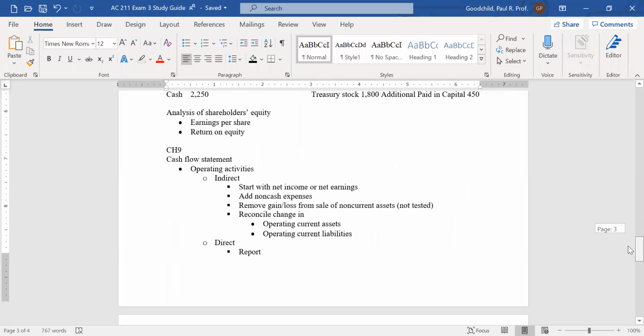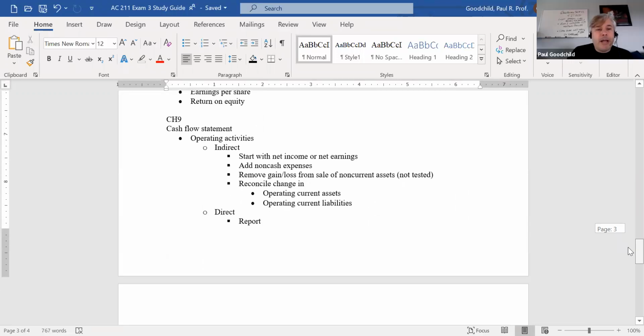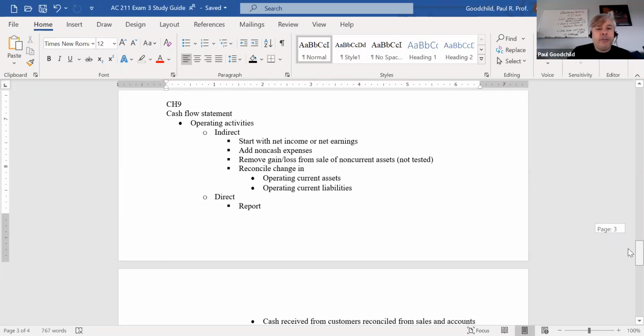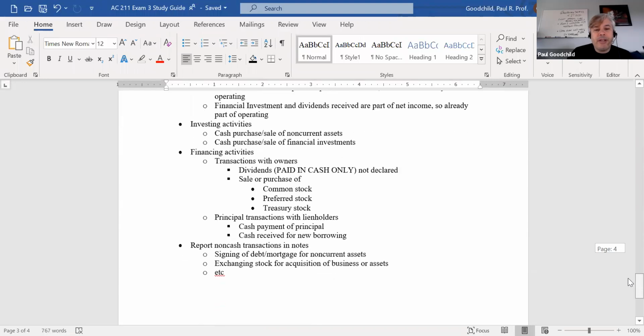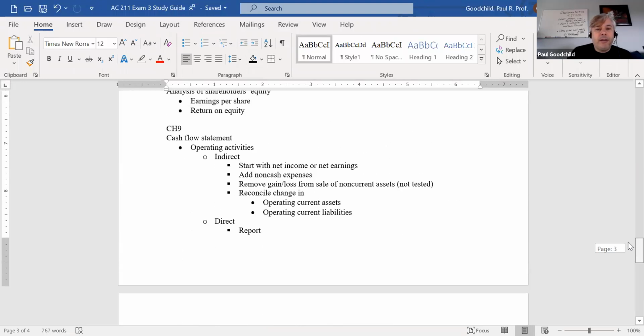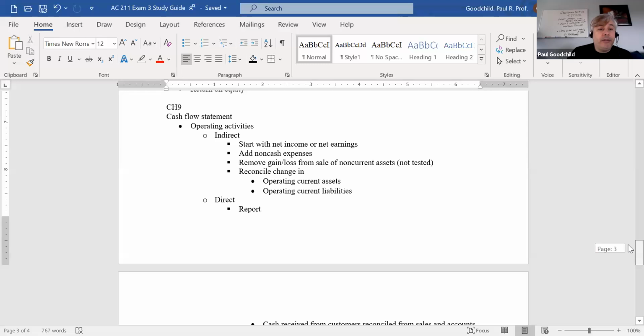All right, so chapter 9 is the cash flows. So what you want to know is the 3 sections: operating, investing, and financing. And remember, with operating section, we have 2 ways that you can do it. You can do it indirectly, and that starts with net income or net earnings.